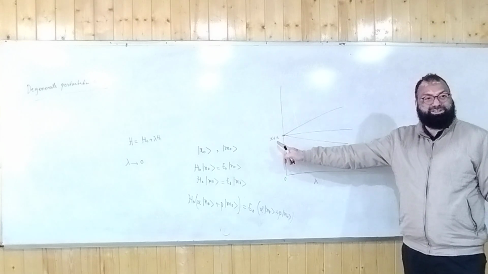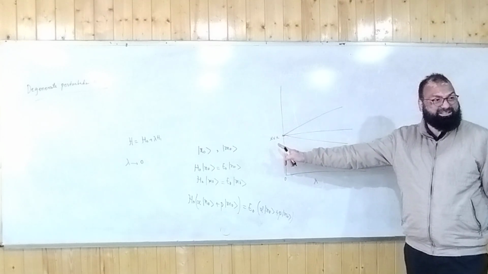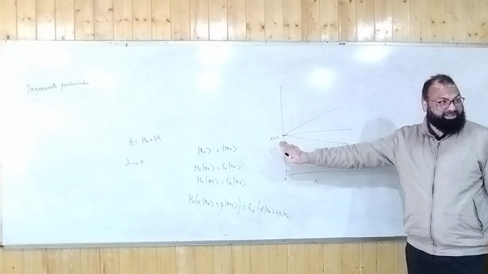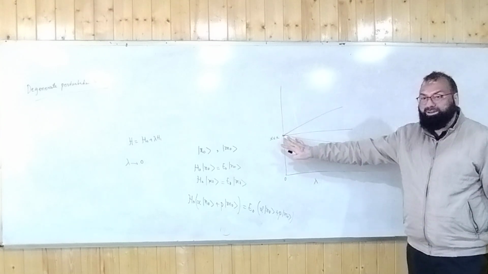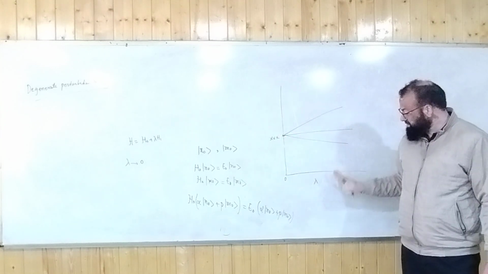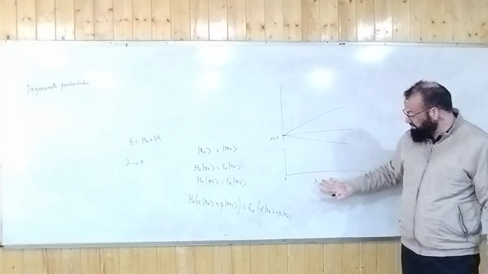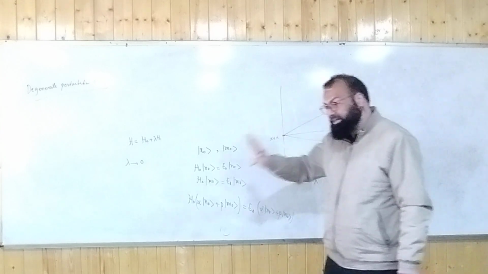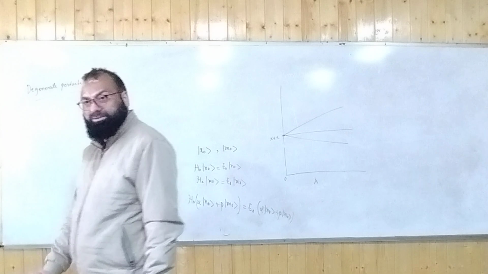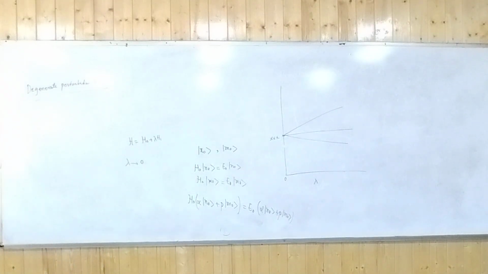But all these three are degenerate, they have the same energies. Clear? So there is some sort of ambiguity on which state these perturbed states get mapped to in the limit lambda tends to 0. For this matter, I actually require a perturbation theory which will handle such situations. Clear? Got it?